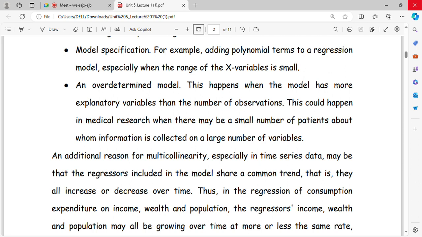If we want to see the effect of inflation and unemployment on GDP growth, that can be misleading, because inflation and unemployment can be related, right?